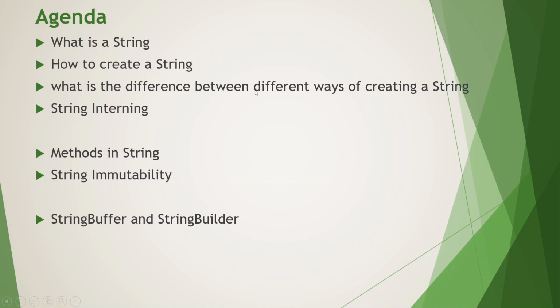We also have seen the difference between the double equals comparison operator and the equals function to compare two strings. Now we will go on to this topic, string interning.